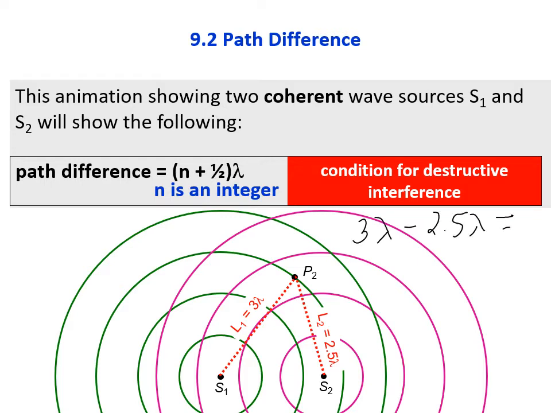That's a path difference of 0.5 lambda. N is 0.5 in this case. So you would see either a dark spot or a flat line. There wouldn't be any wavefront in that position. It's just another quick example. But that is the condition for destructive interference.